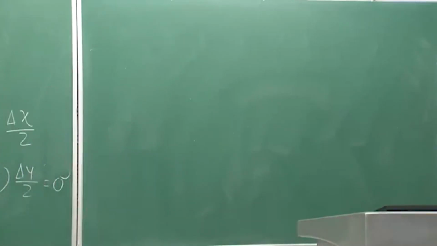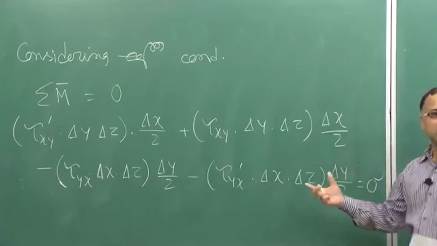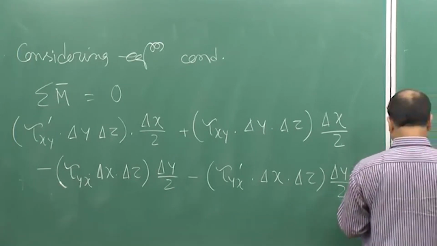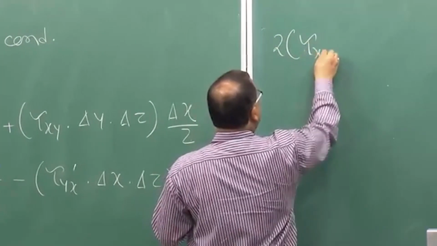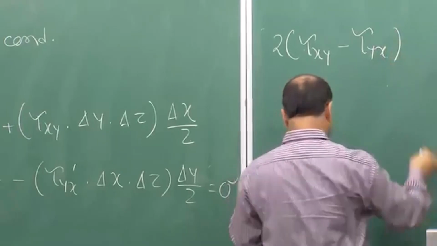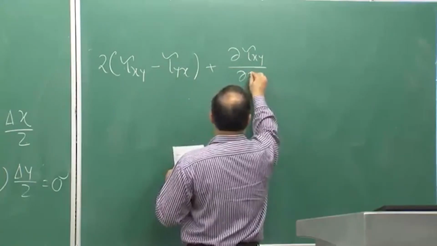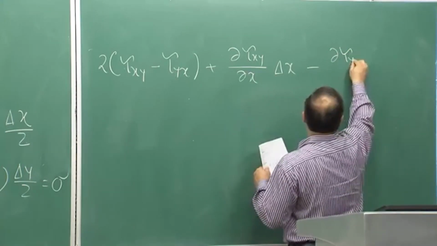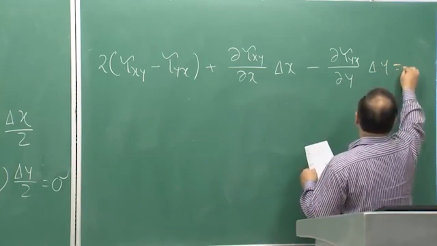Now, if we expand tau xy prime in terms of tau xy, and tau yx prime in terms of tau yx, as we have done by using the directional derivative and the distance, then finally you will be getting 2 tau xy minus tau yx plus del tau xy by del x times delta x minus del tau yx by del y times delta y equal to 0.